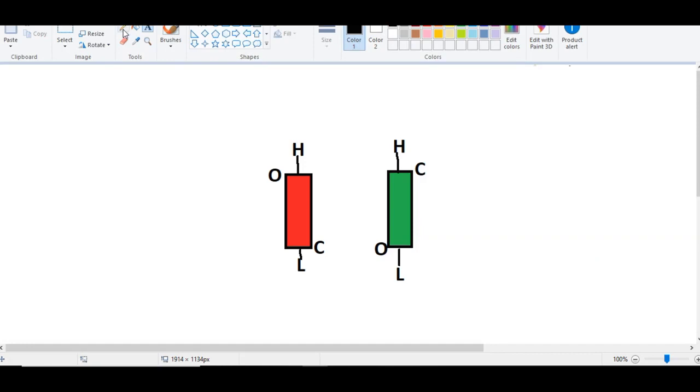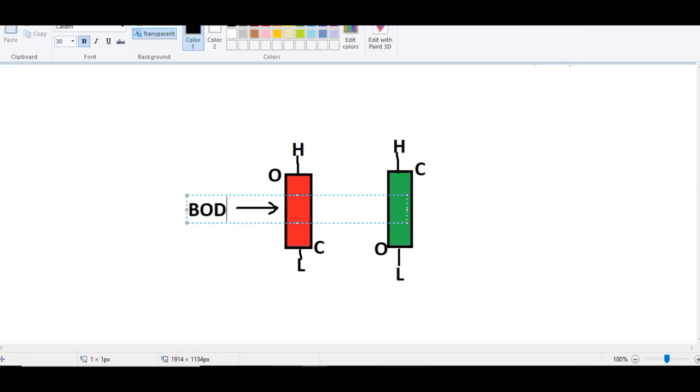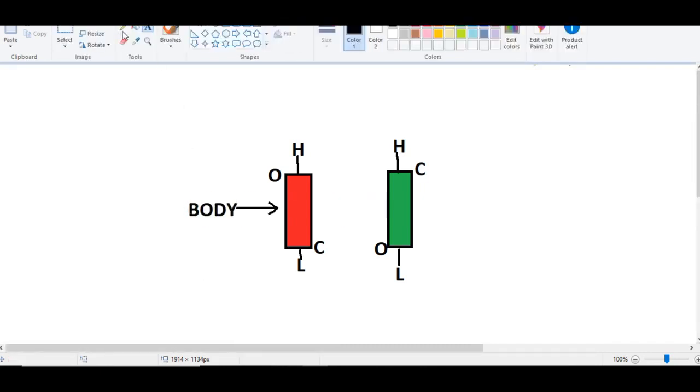Now that we've understood the open, high, low, close of the candle, we also learned that it is a red candle because it opened higher and closed lower, and it's a green candle because it opened lower and closed higher. This red part that you see is called the body, and these lines that you see are known as wicks, or you can call it the shadow.